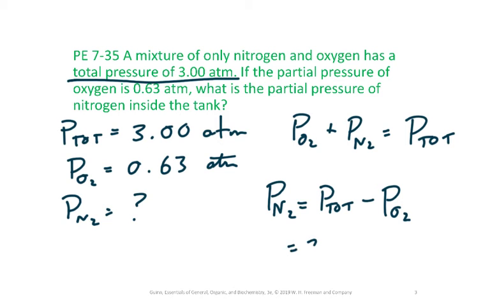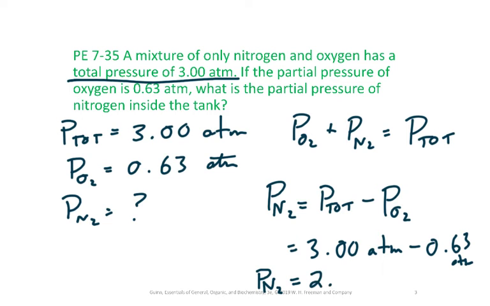And so that would be 3 atmospheres minus 0.63 atmospheres. And the pressure that nitrogen exerts must be 2.37 atmospheres.